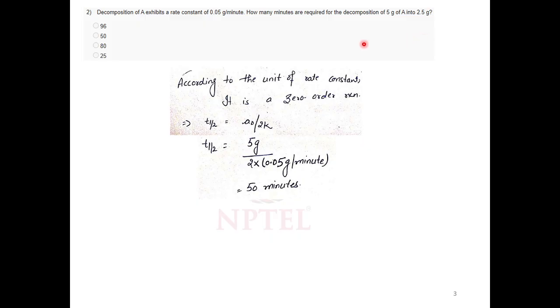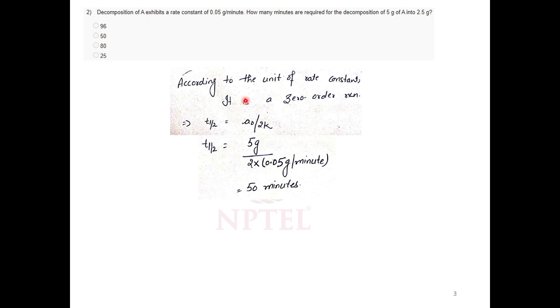So this is a very simple formula, but here they may also ask what will be the straight line of A and T. With increasing time, if A equals A0 minus KT, the concentration is basically decreasing as the reaction goes forward.